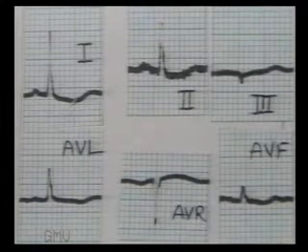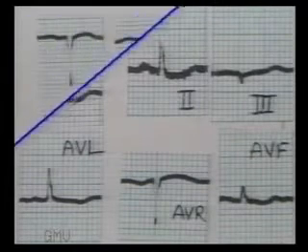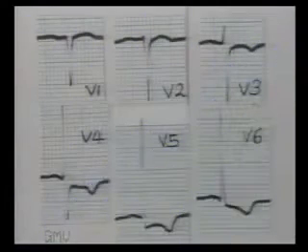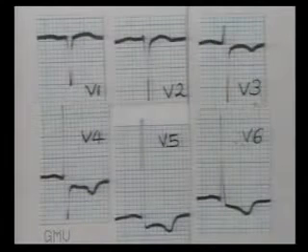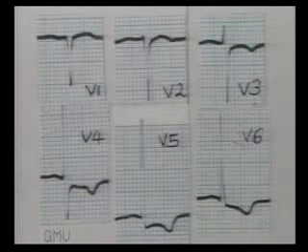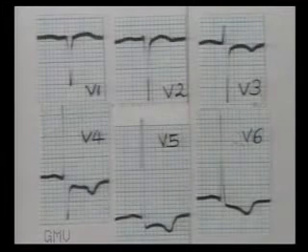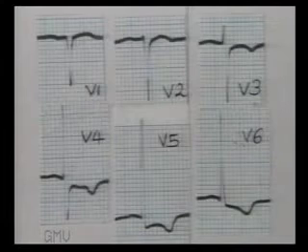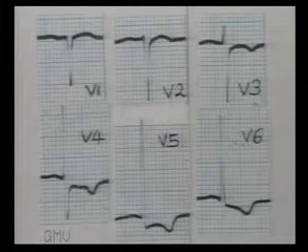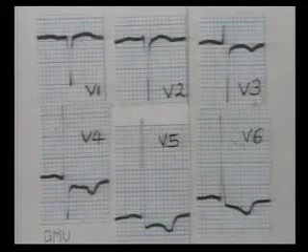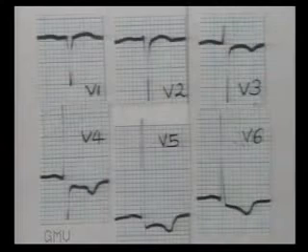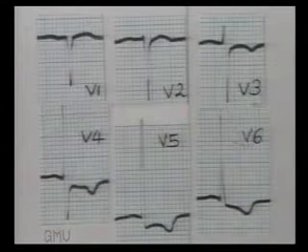Now observe the chest leads. The QRS amplitude is increased. The pattern from negative QRS in V1 to positive QRS in V6 is maintained. So measure SV2, it is 14 millimeters, RV5, it is 22 millimeters, and their total is 36 millimeters.